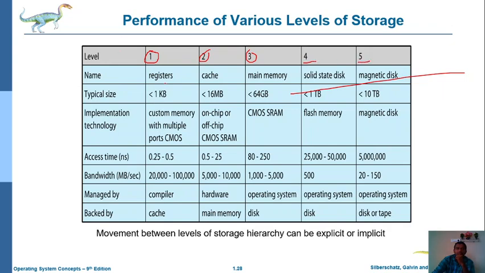Level 1 memory is the register memory, and level 2 memory is the cache memory. Level 3 memory is the main memory, level 4 is the SSD, and level 5 is the HDD. This was already observed in the memory hierarchy. First is the register memory, next cache memory, next main memory, next SSD, and next HDD, the hard disk memory.